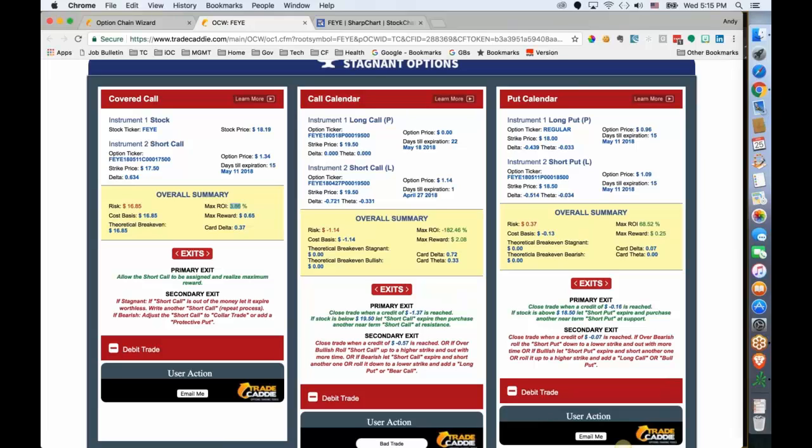All right, let's just hop on over to the covered call, because the call calendar is a more complicated way to do it. This is just a simpler way. We can also do the call calendar, that's fine since we are doing a paper trade. So we're going to be risking $16.85 on this call, which is of course also our cost basis, because if you know anything about covered calls, you know how to factor that up.